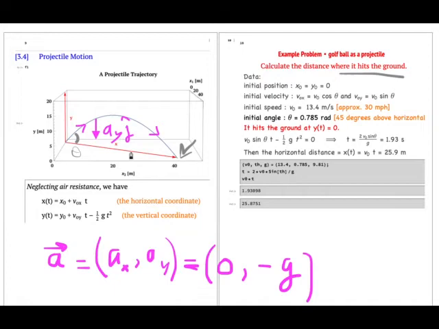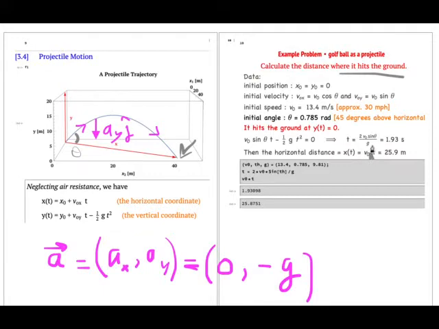But I have an equation for the horizontal distance. It's x0 plus V0x times t. So the horizontal distance is x at time t. It's not V0 t.